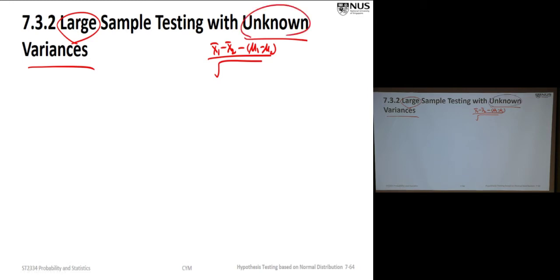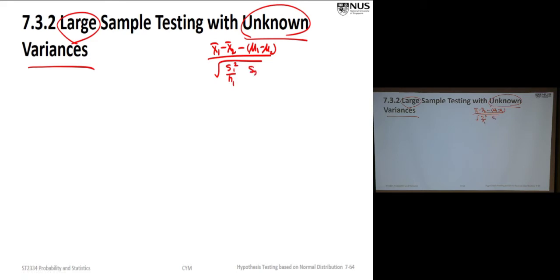All right. So how about if the variance is not known, but the sample size is big? Because it's a large sample, we still look at this one, X1 bar minus X2 bar minus mu naught. But instead of sigma 1 squared, which we don't know, unknown variance, we replace it by S1 squared.